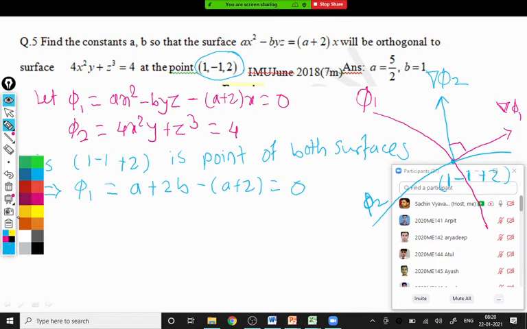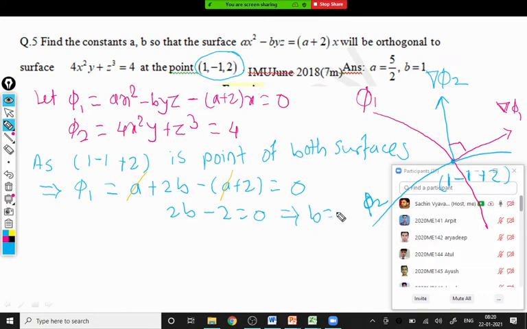So obviously this a gets cancelled and we are left with 2b is equal to 2, because 2b minus 2 is 0, and this gives us b is equal to 1.